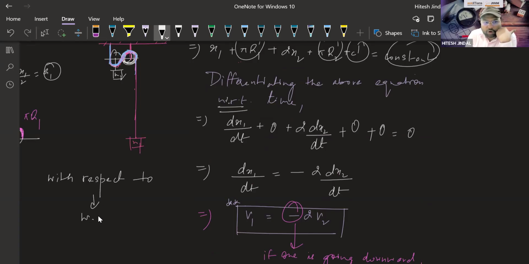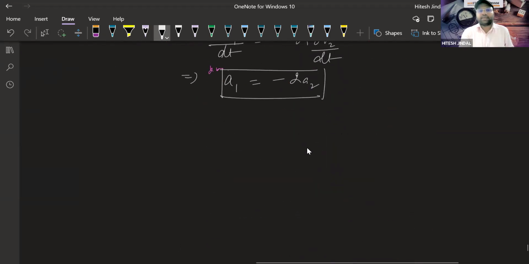That is written as w.r.t. Okay. Right. So now you see this thing. Again, I am drawing the diagram.